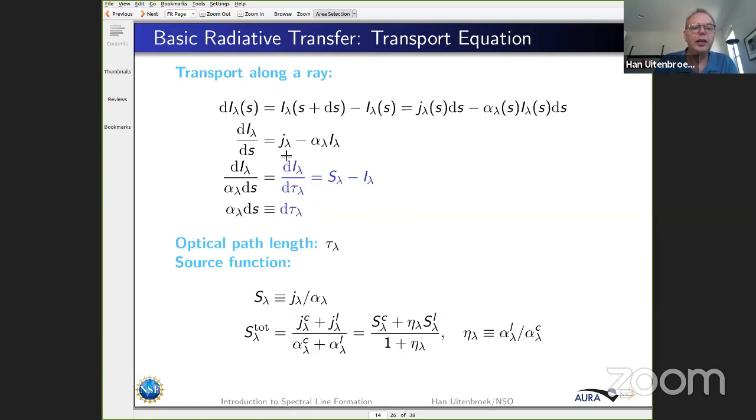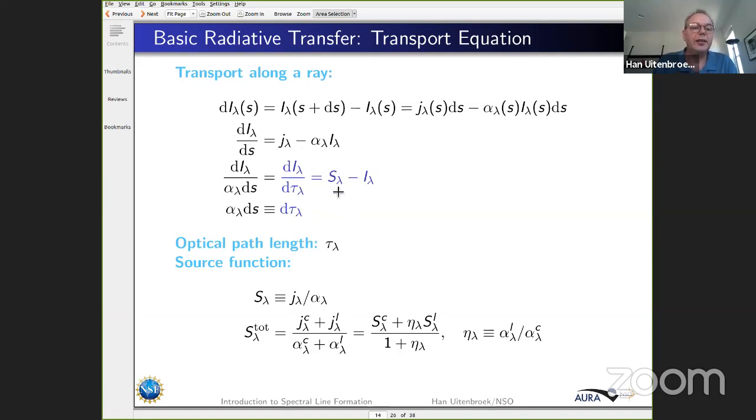So this is a very simple, but deceptively so, equation, in that a lot of the difficulties are hidden in the microphysics, namely the absorption and the emission processes that make up the emission and absorption coefficients.